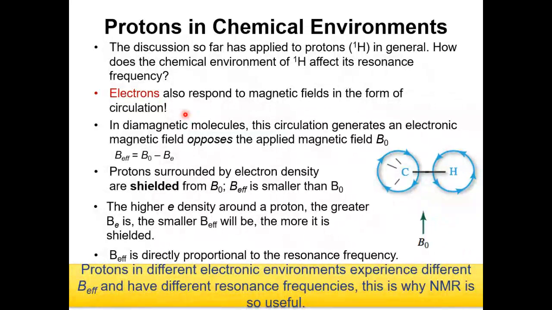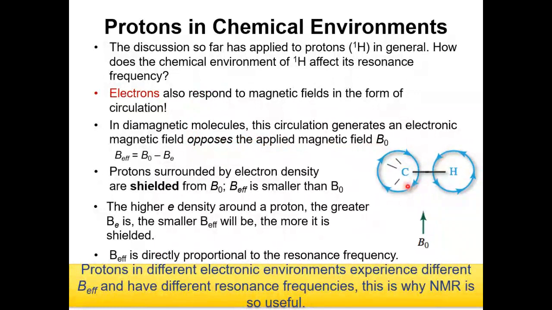But if you put in a magnetic field, they will start to circulate, and that circulation depends on the magnetic property of the molecule. The vast majority of organic molecules are diamagnetic.